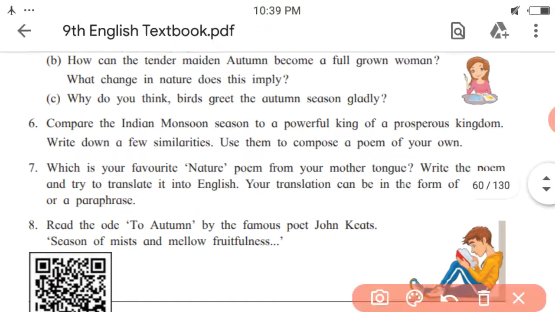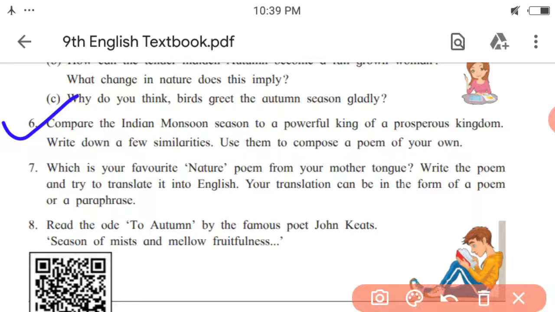Next question or activity. Compare the Indian monsoon season to a powerful king of a prosperous kingdom. It is the comparison of monsoon season with a prosperous kingdom. Just like in the poem Autumn, there is a comparison of autumn with a maiden fair, a beautiful girl, the same way you have to compare monsoon season with a king of a prosperous kingdom.